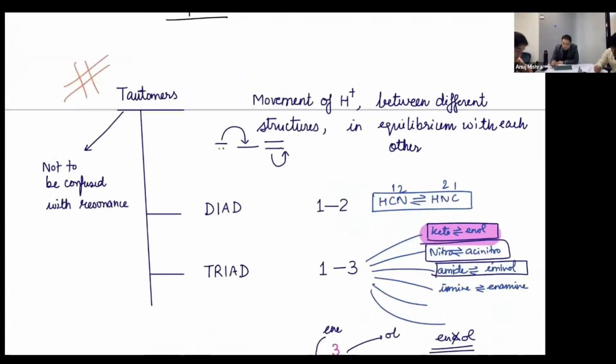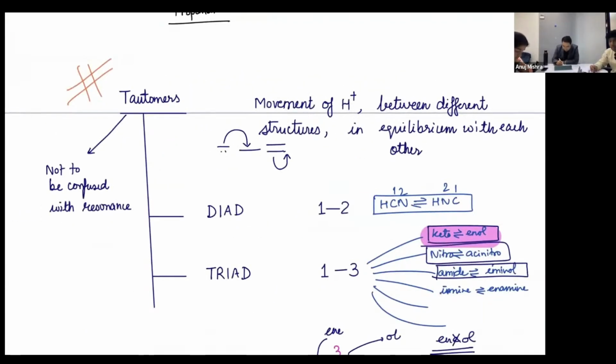Now there can be two types of tautomers. One is called dyad, like A is in equilibrium with B. So structure A is a tautomer of structure B. There are two types of systems: one is called dyad, D-I-A-D, not dad.